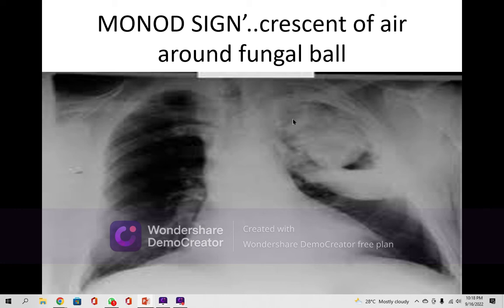A crescent of air, this is the crescent of air. And there is another one here. Both sides are involved by the crescent of air around the fungal ball. This is called Monod sign, and this is seen in cases of aspergilloma.